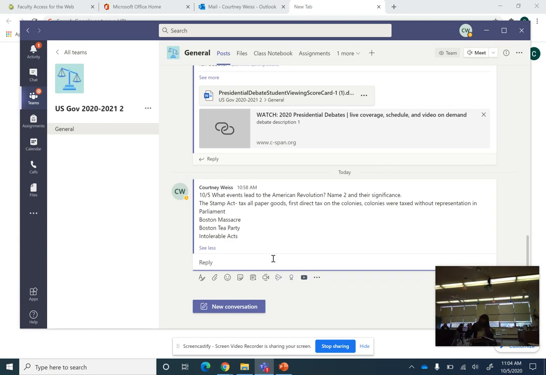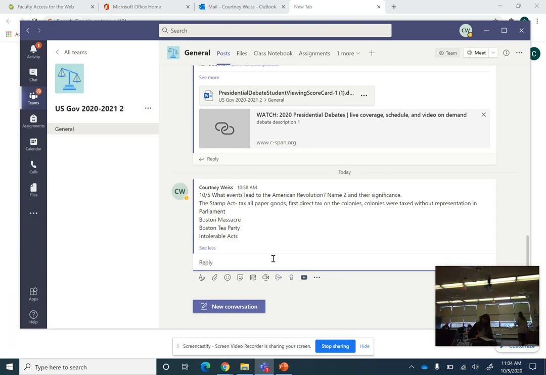So the causes and effects of the American Revolution. We should do the Stamp Act because the cause would be the Stamp Act. We can figure out the impact. Okay, so I just say Stamp Act as one of the causes.